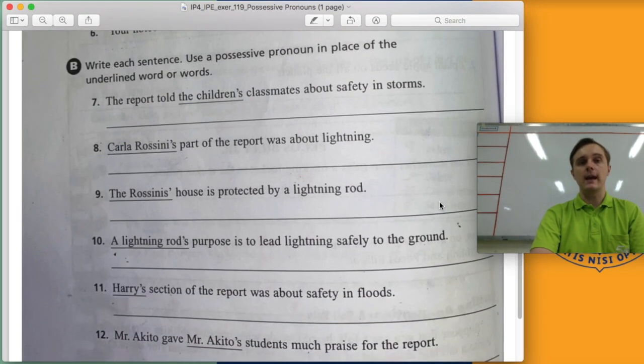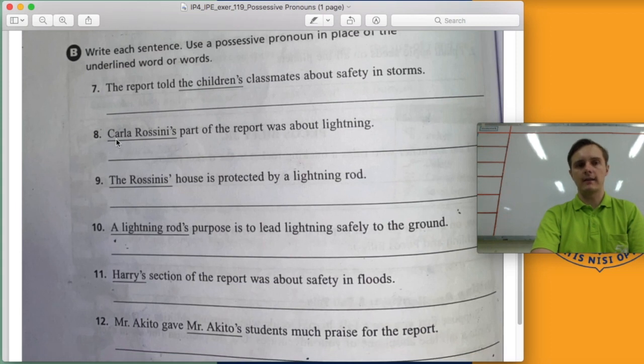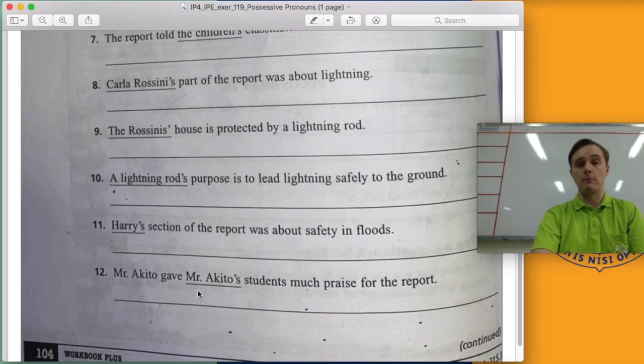And section B is like the first section we did in the textbook. You need to write these sentences again, but you change these underlined words to a possessive pronoun. Carla is a girl's name, Harry is a boy's name, and you should know what Mr. means.